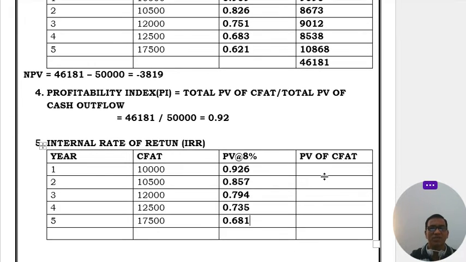Now PV of CFAT is CFAT multiplied with the present value table factor. First, 10,000 multiplied by 0.926 is 9,260.